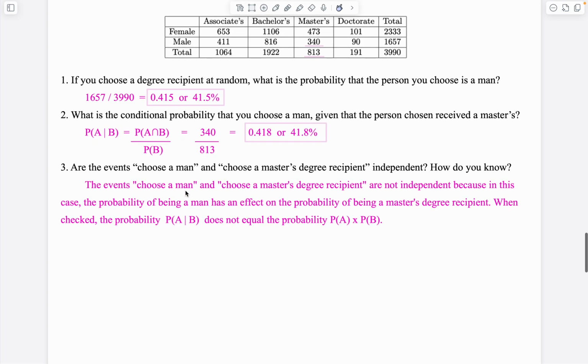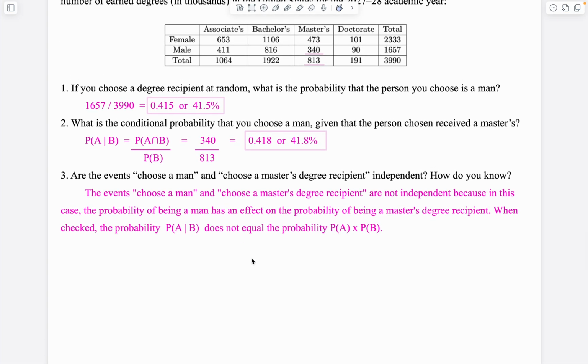Now, part 3 of this problem says, are the events choose a man and choose a master's degree recipient independent? How do you know? So what I've written is, the events choose a man and choose a master's degree recipient are not independent. So they are dependent, because in this case, the probability of being a man has an effect on the probability of being a master's degree recipient.